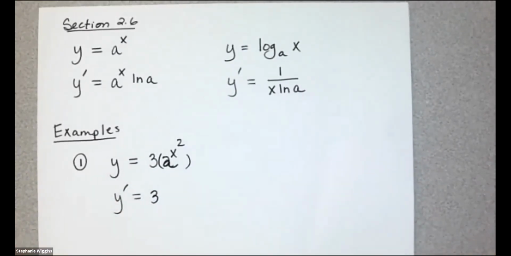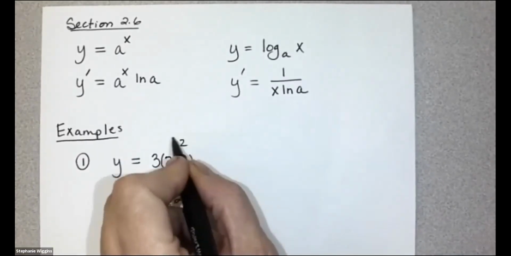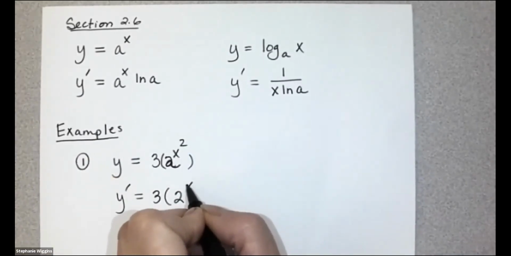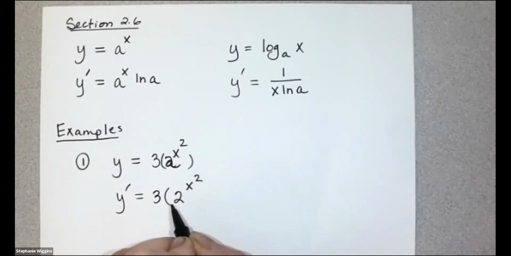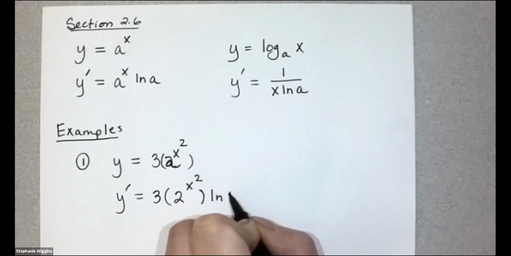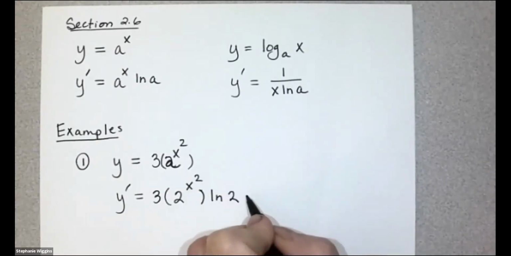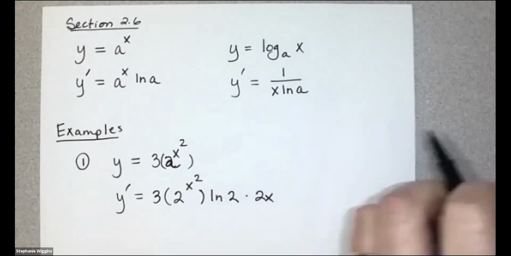And remember, the derivative of an exponential function is just the same thing, so we're just going to copy what we see here, 2 to the x squared. But since this is not equal to e, we have to multiply that by ln of 2. And then by the chain rule, we have to multiply it by 2x.